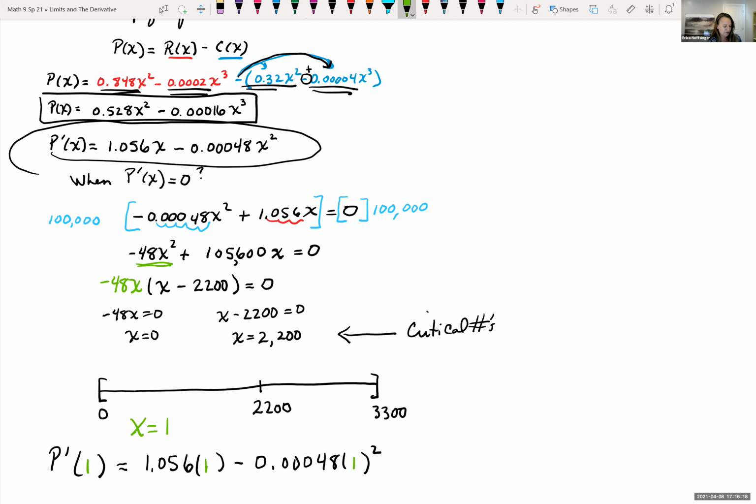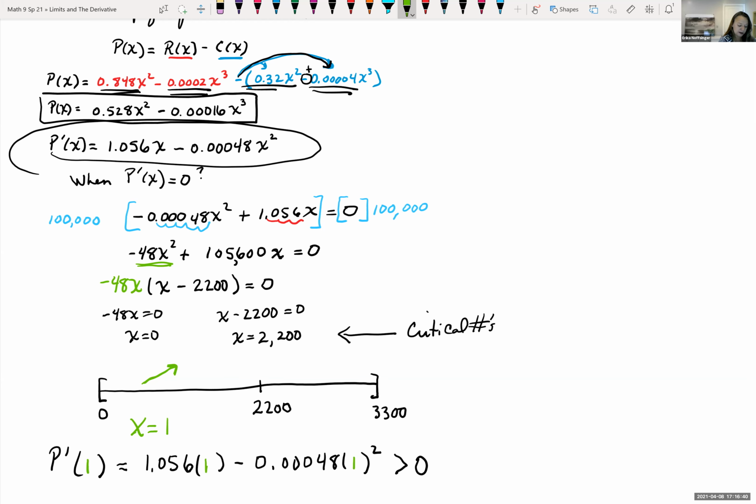I've missed a 0 on there. So this has to be greater than 0. Since this is greater than 0, that tells me my function is increasing. Looking at it left to right, it's going up. So I make that arrow there to tell myself that's increasing.